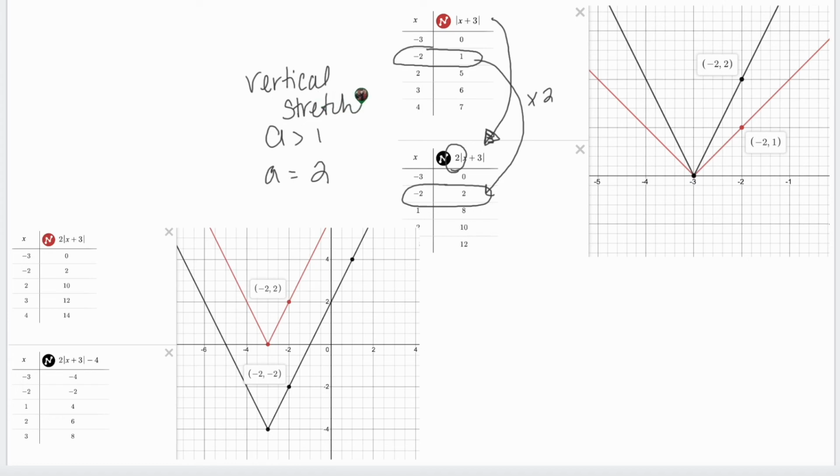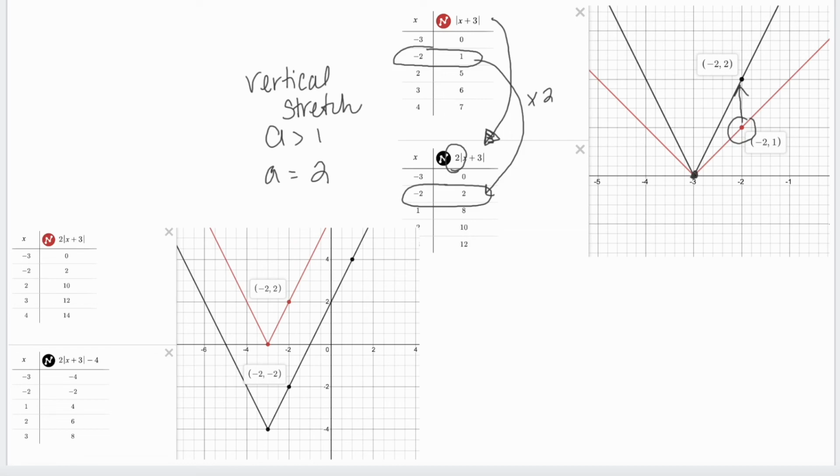I see here's my parent function, my shifted, and now when I'm looking at negative 2, 1, multiplying my y values, I do see it's getting skinnier because I'm trying to stretch my shifted left graph. I'm trying to stretch that higher.